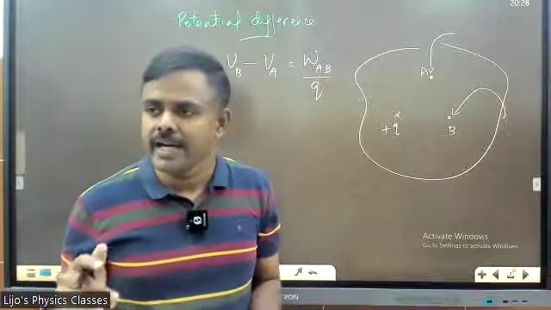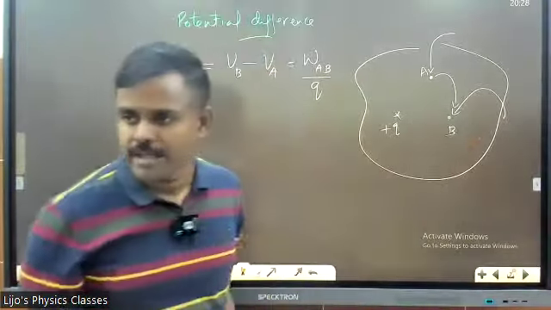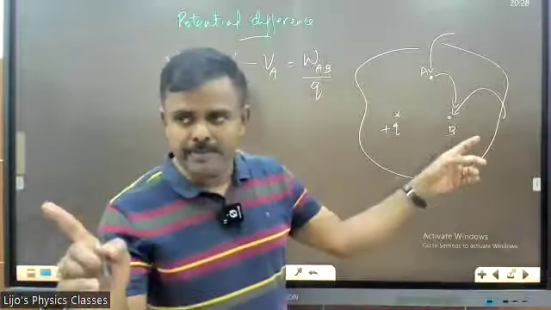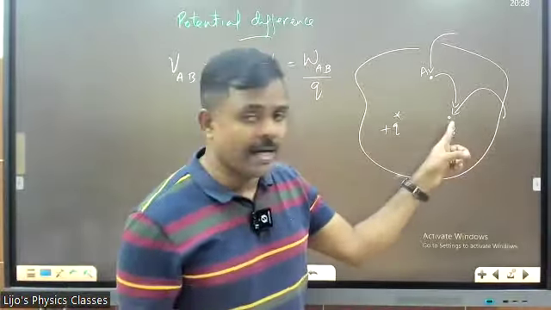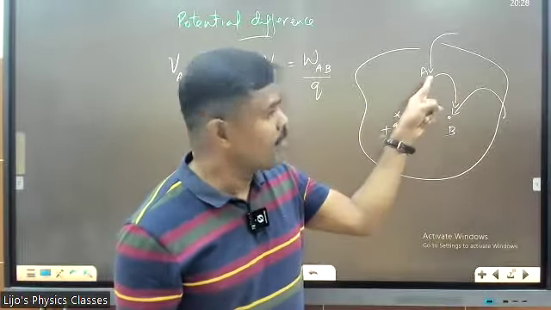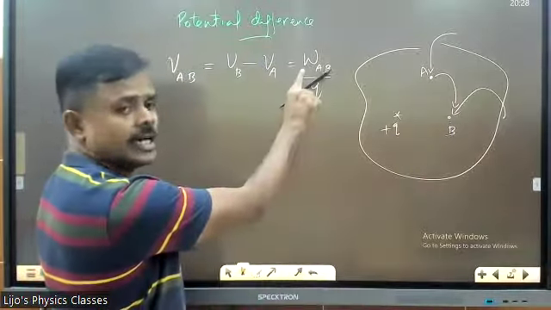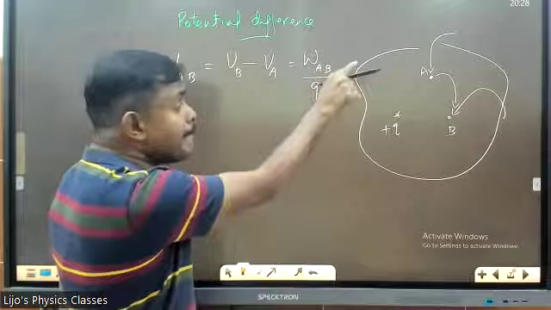And you can prove that it is the work done in transferring a charge from A to B. Potential at B minus potential at A will be the same as work done in moving a charge from A to B per charge.